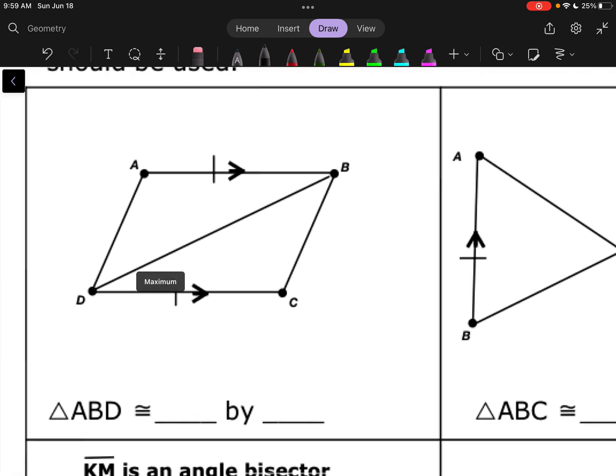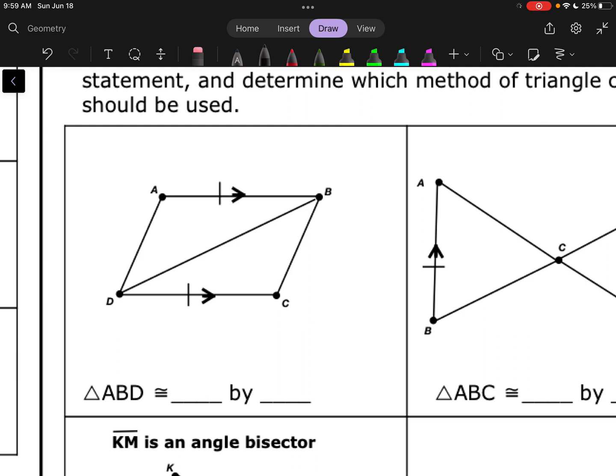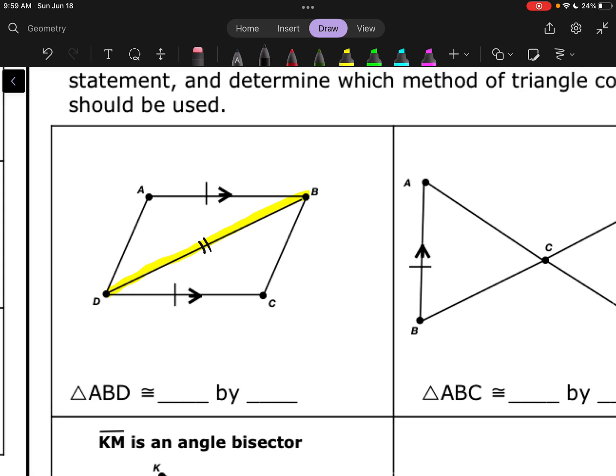Okay, so in this one, right away, those two triangles, I have one congruent thing, just side AB being congruent to side DC. But I notice my reflexive side, that's a second congruent thing. And I need one more. And that's going to be the reason why we have these parallel lines.